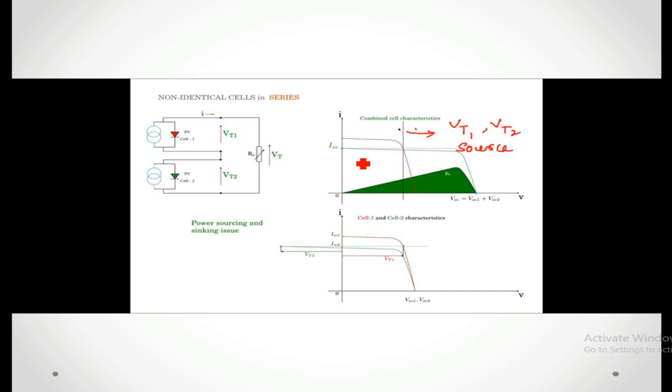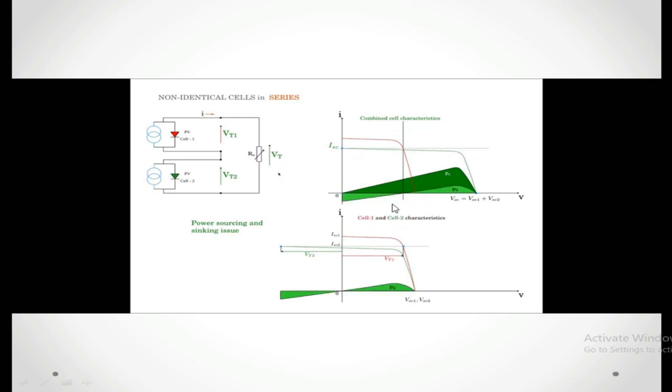Towards the left of this line, VT2 is acting as a sink. Earlier it was acting as a source, but now it is acting as a sink. At this point VT2 is 0, and if you further reduce R0, VT2 becomes negative in this region.